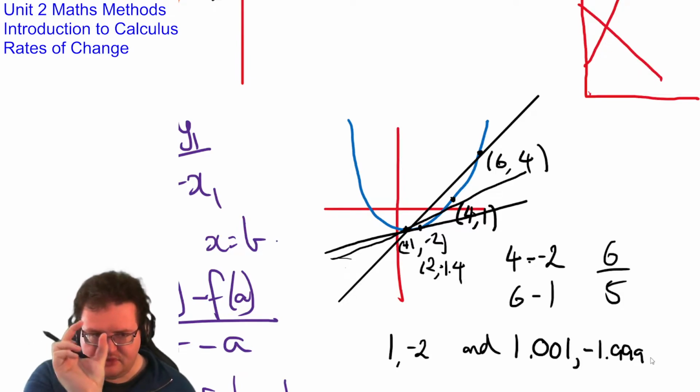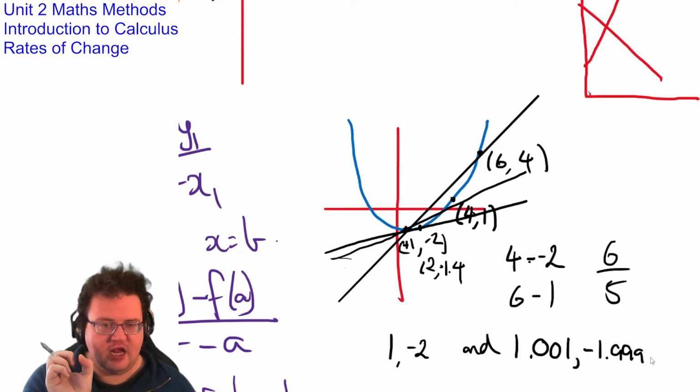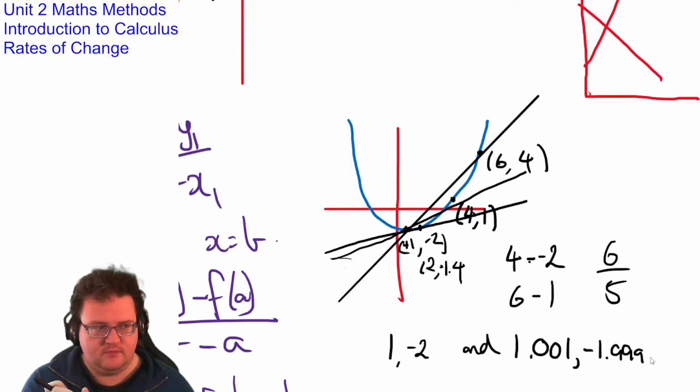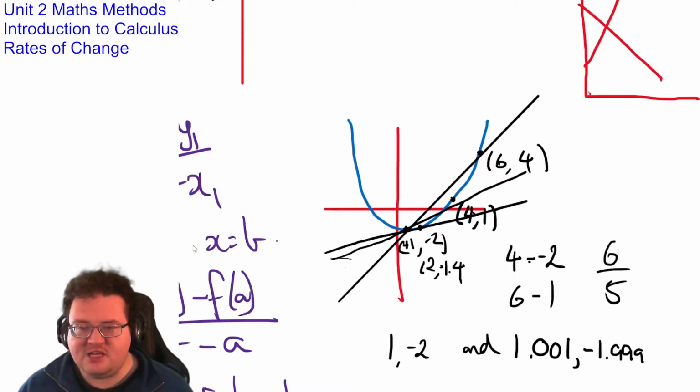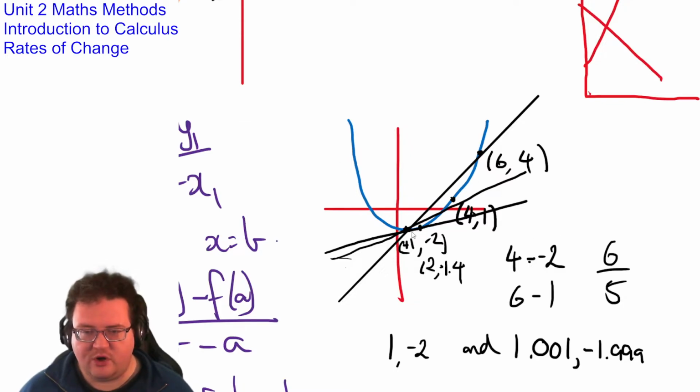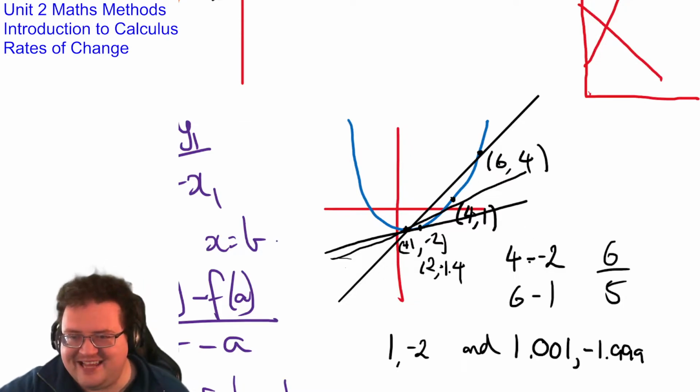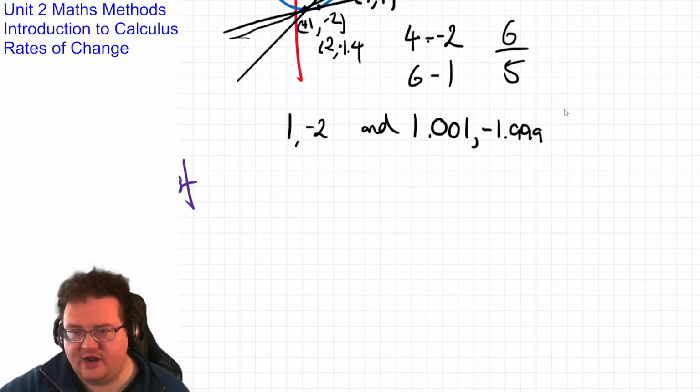So the gap between those 2 points becomes infinitesimally small. And in mathematics, when things are infinitesimally small, we just call it 0 and we move on with our lives. All right? And this process allows us to get what is called the instantaneous rate of change.